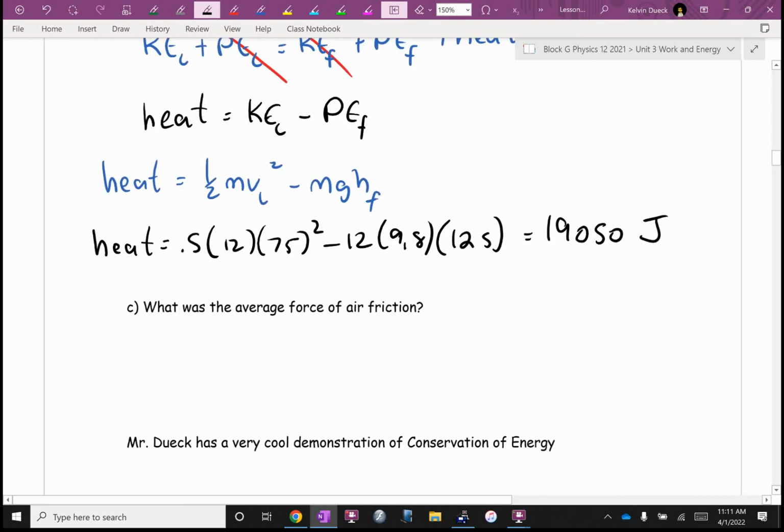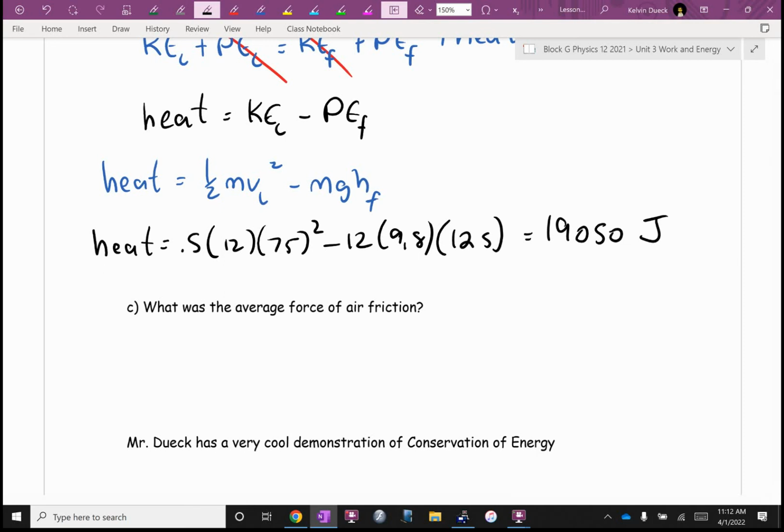Braden, what does C want me to find? I might be tempted to go, don't write this down, but that m would have to be the mass of the air. Do I know the mass of the air? What did I find in part B? What did I just find, Braden?